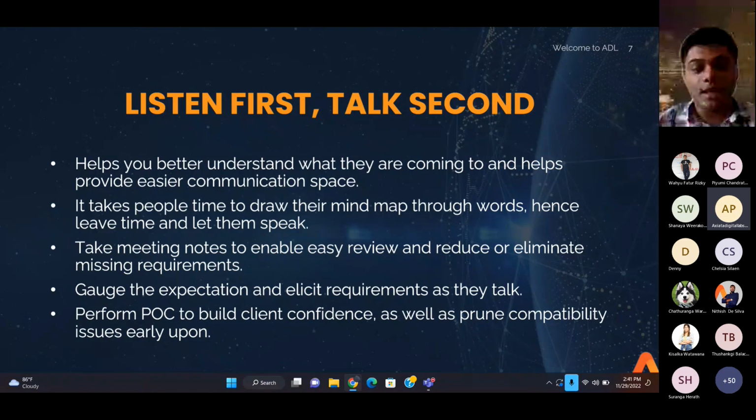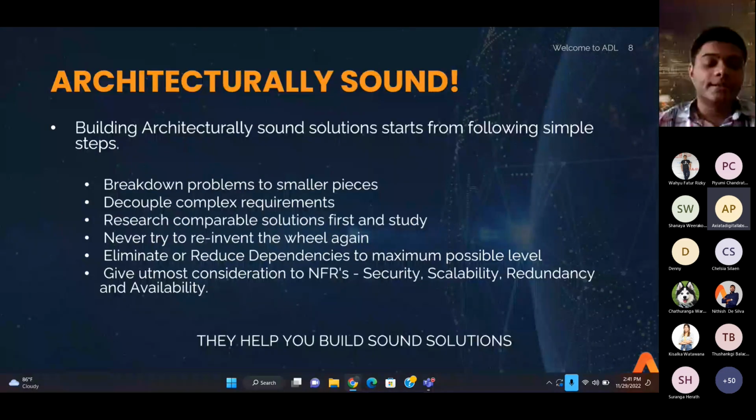So now we come to the position of being architecturally sound. This considers building architecturally sound solutions, starting from simple steps. This is not only for architects.